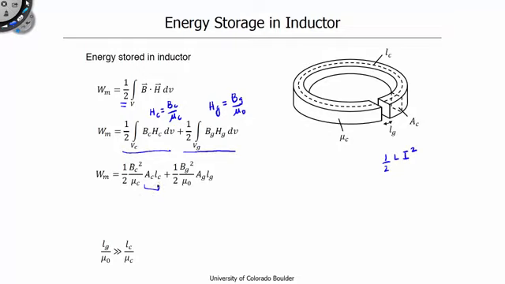AcLc is simply the volume of the core, and AgLg is simply the volume of the air gap.